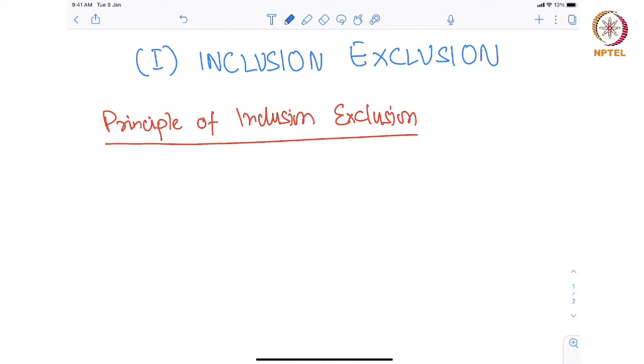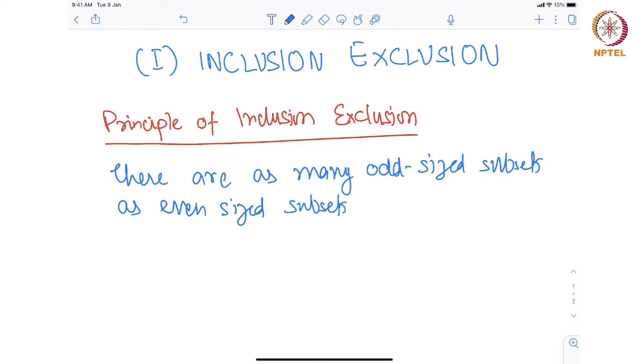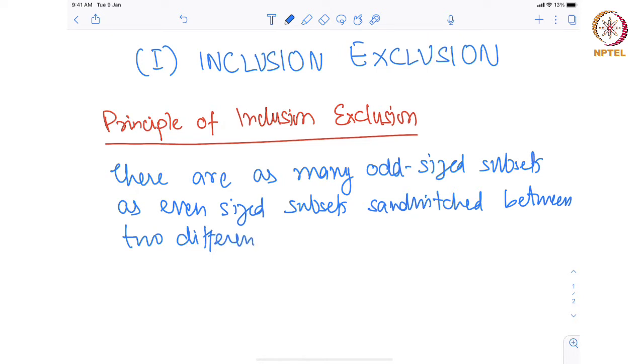So basically what we would like to show is that there are as many odd sized subsets as even sized subsets that are sandwiched between two different sets. Okay. So let's spell it out.